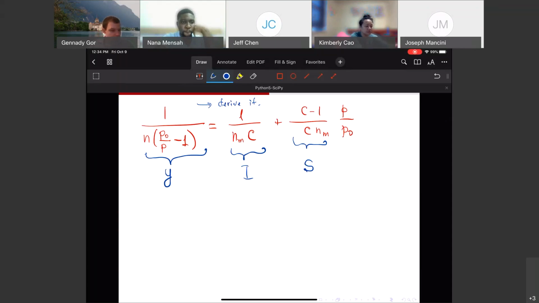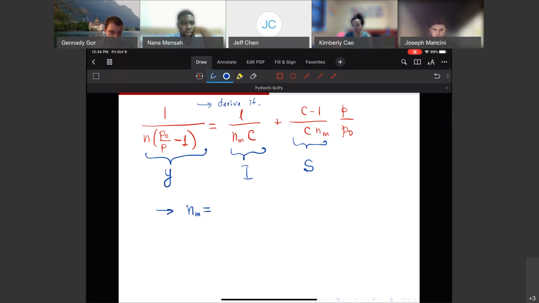Again, I'm going to skip the detail, but from here you can show that the capacity of the monolayer, the amount of gas adsorbed in a monolayer, is 1 over (slope plus intercept), and the BET constant is 1 plus slope over intercept. Well, that's all I needed for now about the BET equation.